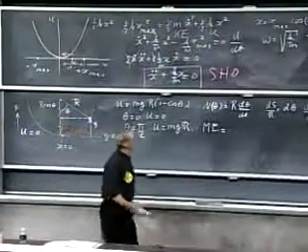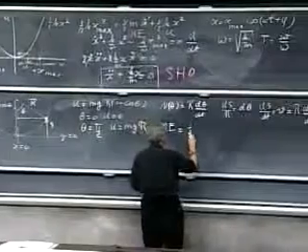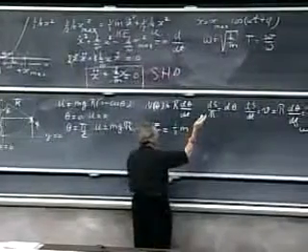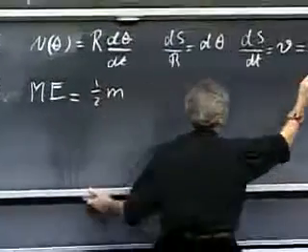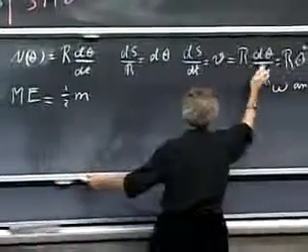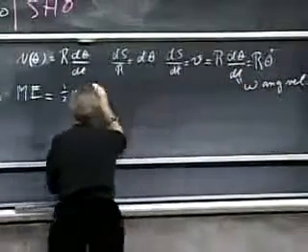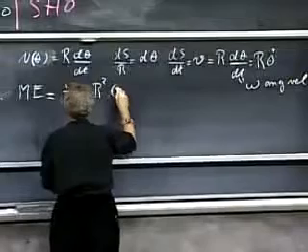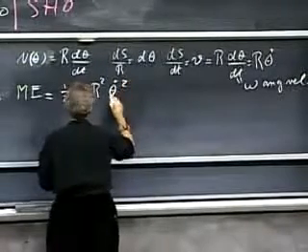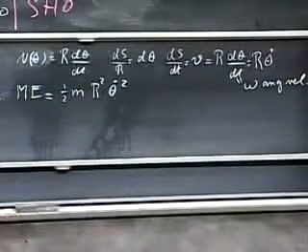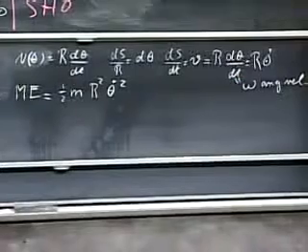So that is going to be 1/2 mv squared at a random angle of theta, and that means this is v, so that is r squared times theta dot squared. This is simply 1/2 m v squared, nothing else.